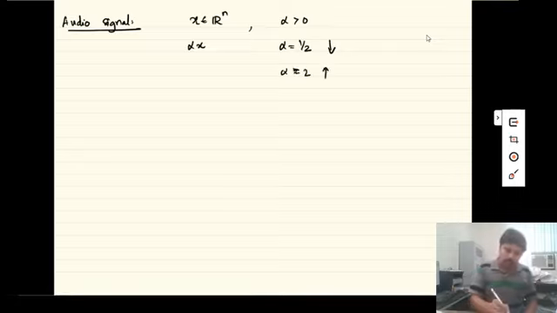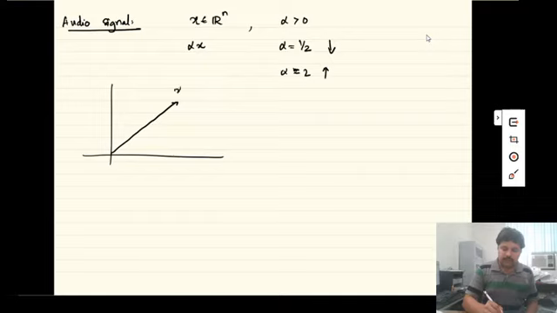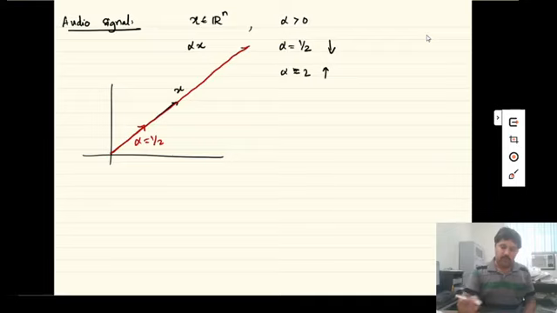Okay, so geometrically what is really happening? If this is the vector x and your alpha is equal to half, then you are not changing the direction of the x vector, but you are just rescaling it. So alpha equal to half will result in this particular vector, while if you have alpha equal to 2, then you will get this particular vector.